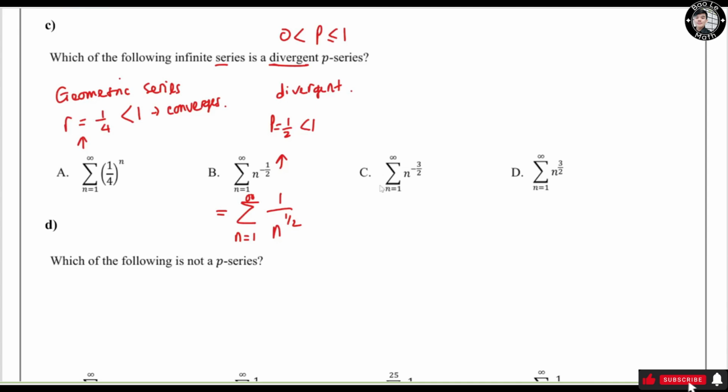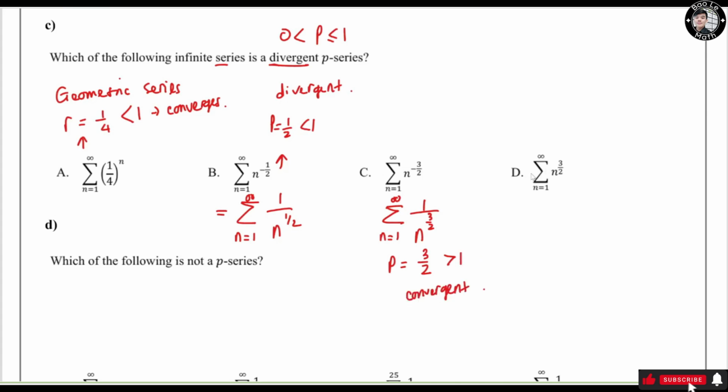Now C can be written as the sum of 1 over n raised to the 3½ when n goes from 1 to infinity, right? And this is actually a P series where p equals 3½, which is greater than 1. So this one is convergent, right?